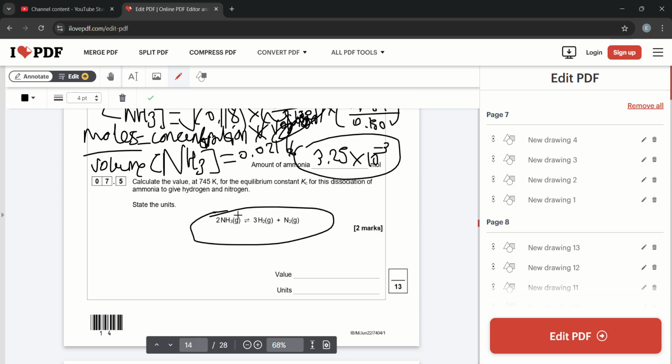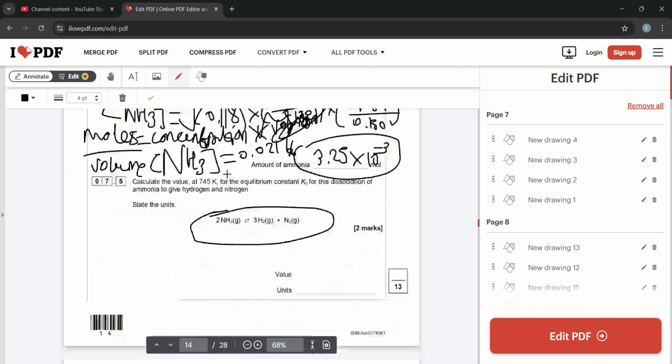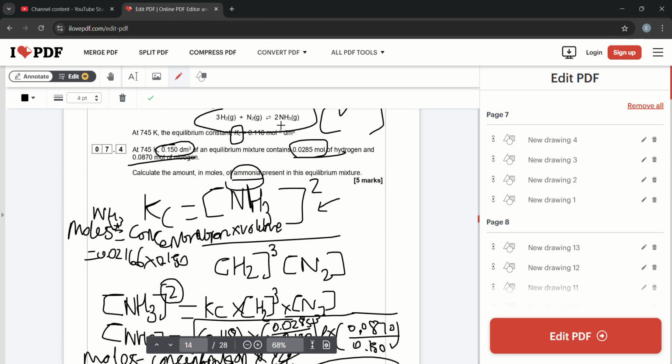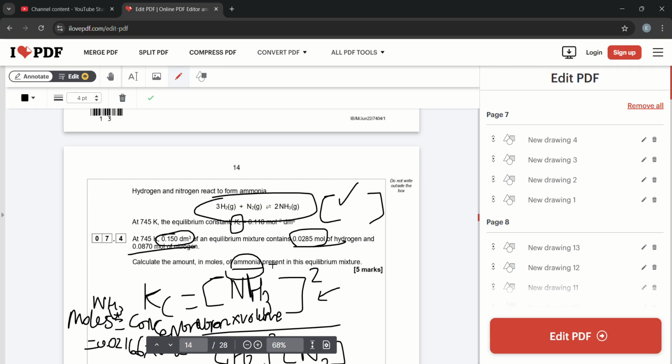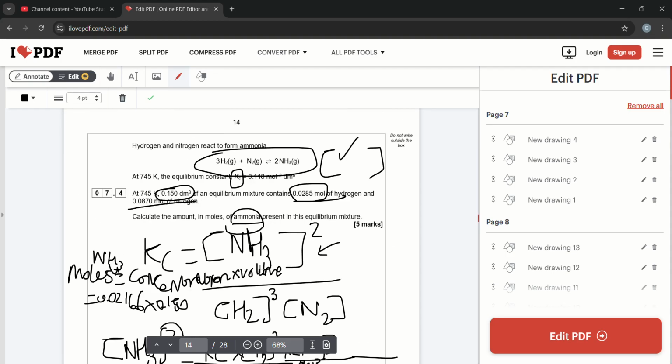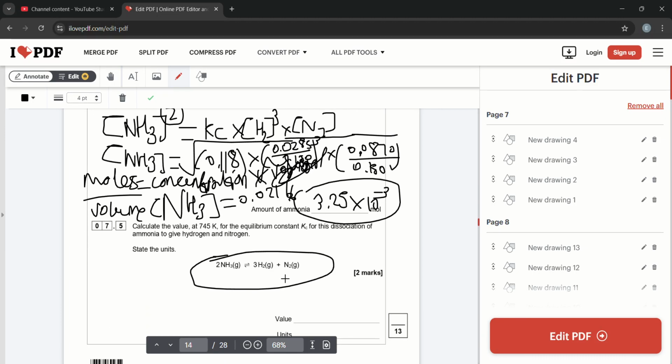The only way you would know is by pattern recognition. If you look at this equation and this equation, aren't they the same? 3H2 plus N2, 2NH3; 2NH3, 3H2 plus N2. What we've done is flip it over. What's on the left hand side becomes the right hand side, and what's on the right hand side becomes the left hand side.